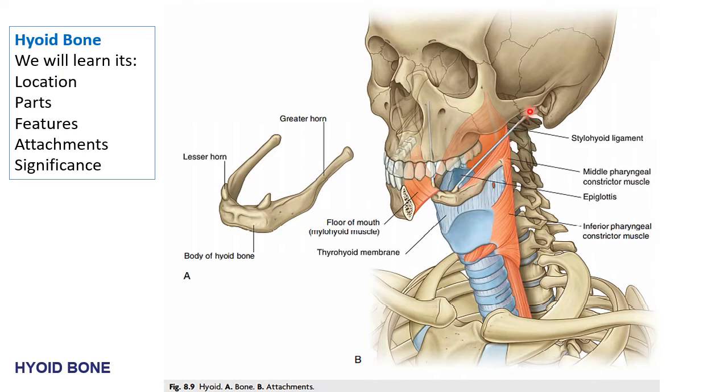This is the styloid process. It is suspended from the styloid process of the temporal bone by the stylohyoid ligament on either side. It is also suspended by various muscles.